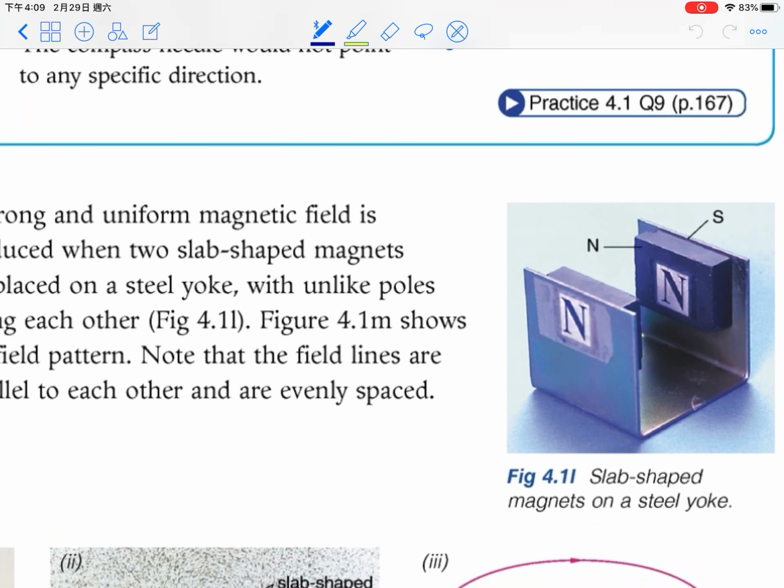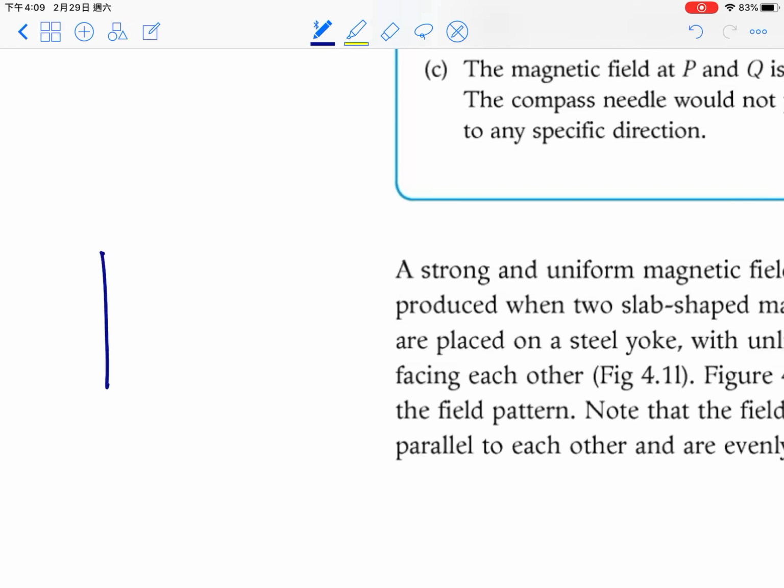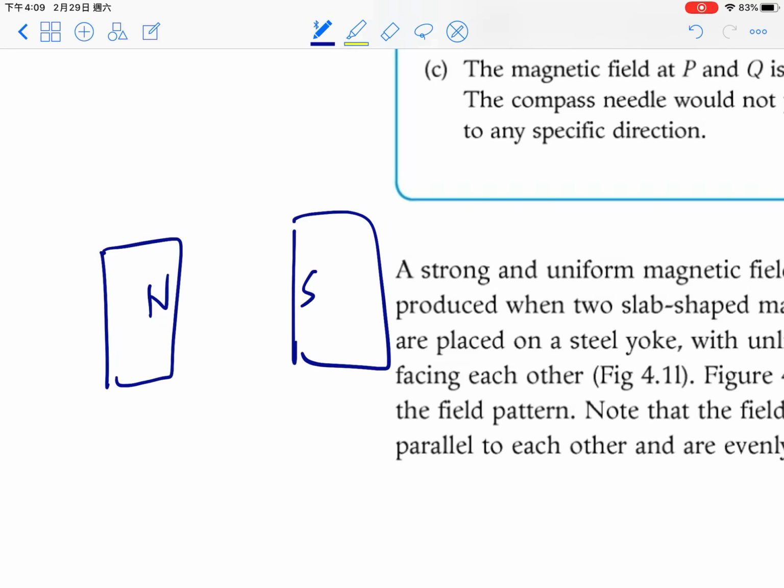And for the slab shape magnet, for the top view, we can see N and S. For the magnetic field, again, start from N to S. We found in this region parallel horizontal lines.